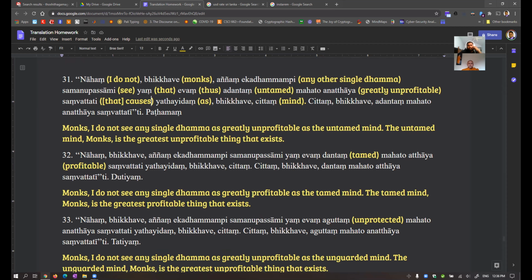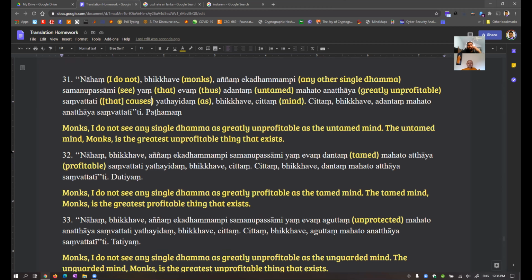But here, how we see this is, mahato anattaya sangvattati. You can use exists in that meaning, but here you can.